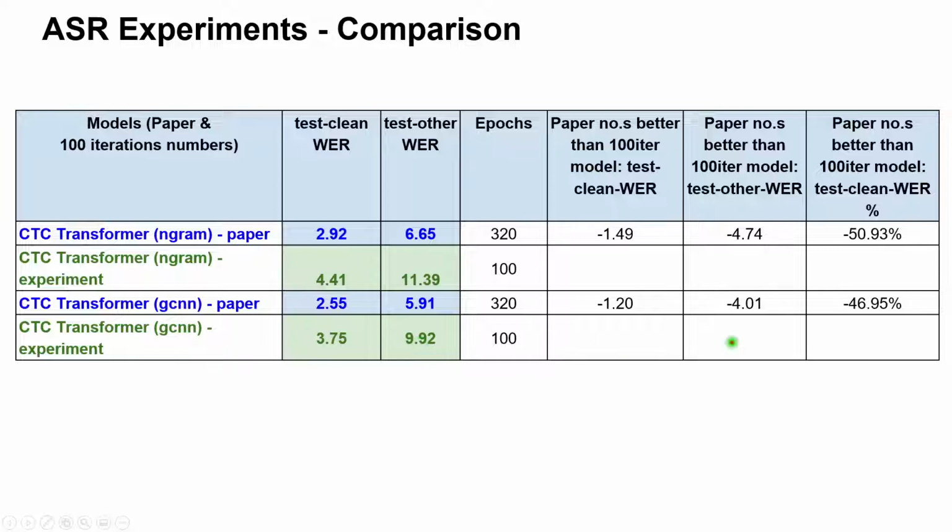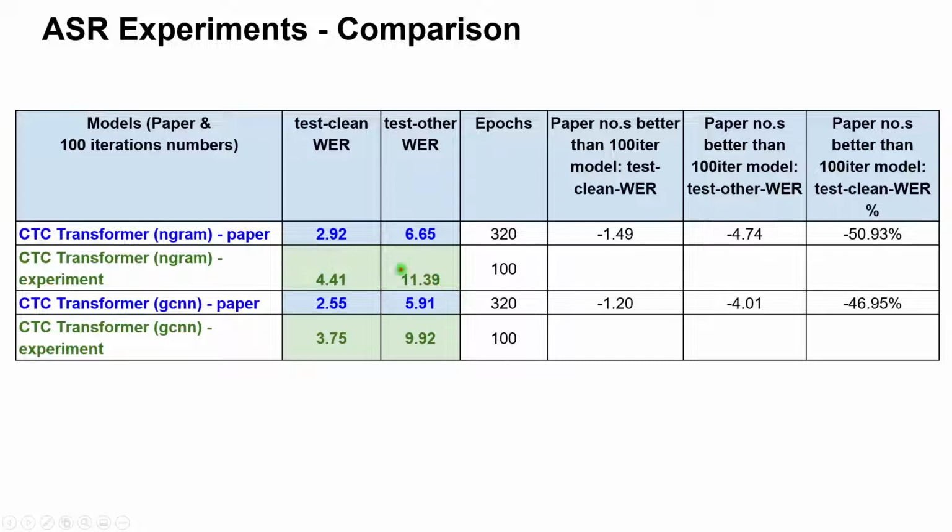I wasn't able to go to the GCNN, so I just compared with what I was able to achieve here. Compared to 2.92, I got 4.41 WER, and in case of test other I was able to get 11.39.